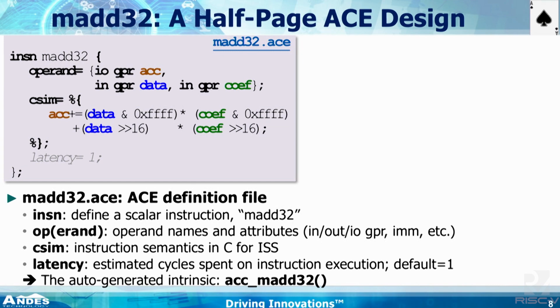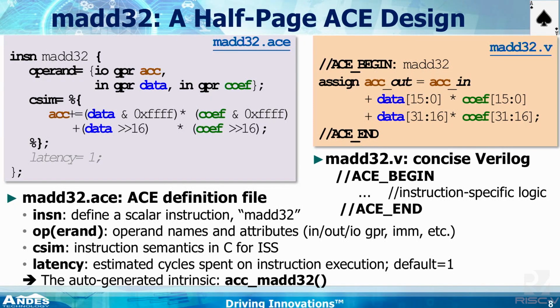So defining the instruction, defining the operands, and writing the CSIM is purely C code to define the instruction semantics. With this, you can get everything I talked about on the previous page, except RTL. So how do you do the RTL? You put the instruction semantics between AC begin and AC end. In this case, it's very simple: you're using the Verilog way to extract the bits, do multiplication, and add it up.